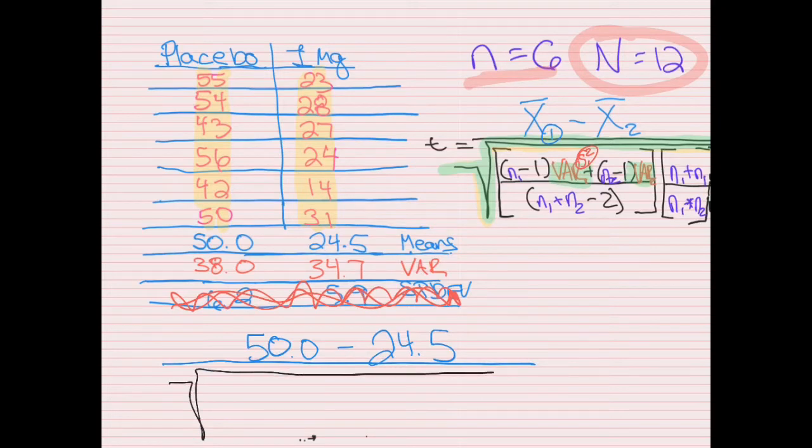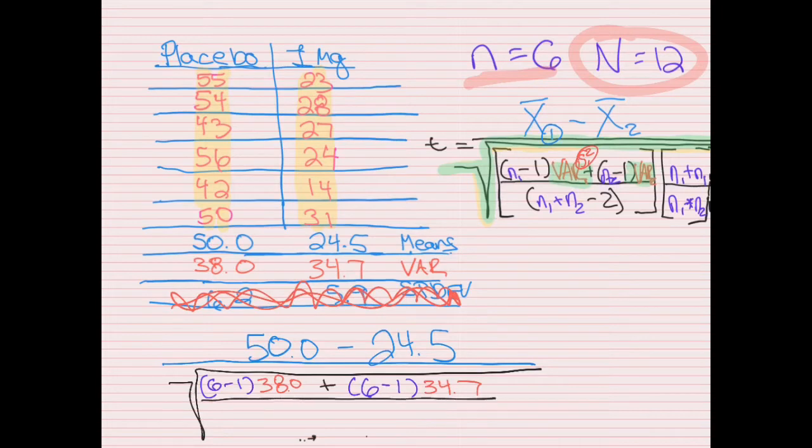the square root, which we're not going to forget, okay, of n for the first group, which is 6 minus 1, don't forget that either, times the variance, again, don't forget that either, of the first group, which is 38, plus, and for the second group, which again is 6 minus 1 times the variance, not the standard deviation, but the variance of the second group.